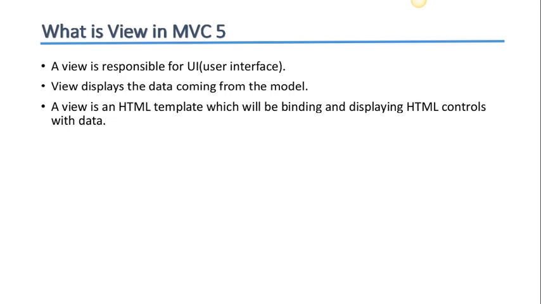View is an HTML template which binds and displays the HTML controls with data. So view is used to bind the data to the HTML controls with the help of the model.